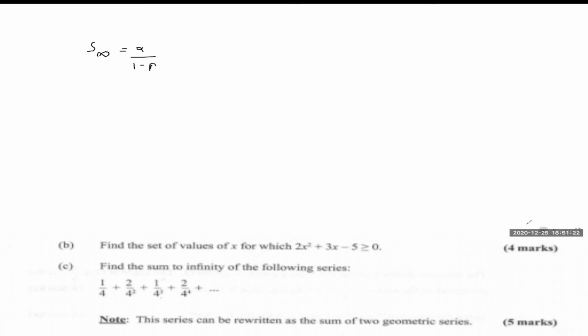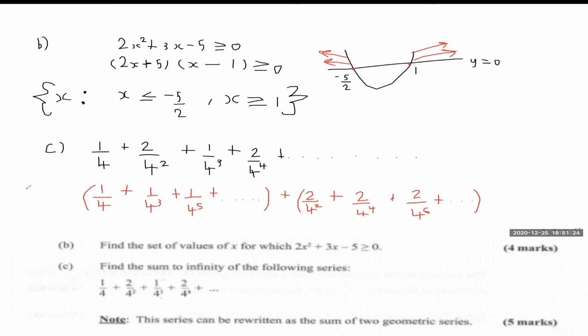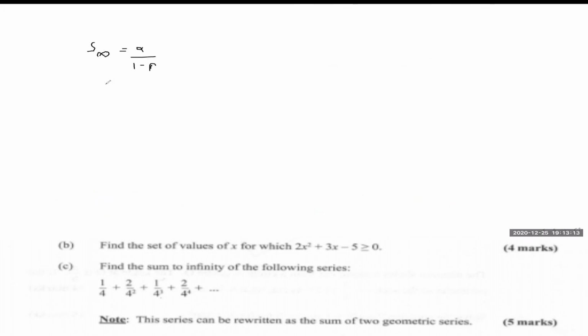So what does that mean? Let's call all of this S. This is a formula for sum to infinity, and so S is equal to S1, the sum to infinity of series 1, plus S2, the sum to infinity of series 2.